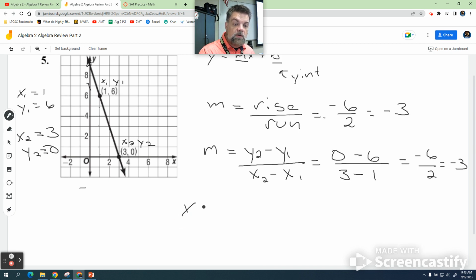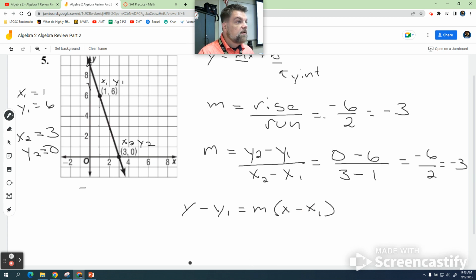Help me finish this formula. y minus, what's the next thing I write down? Point slope form. y sub 1 is equal to m times what? x minus x sub 1.